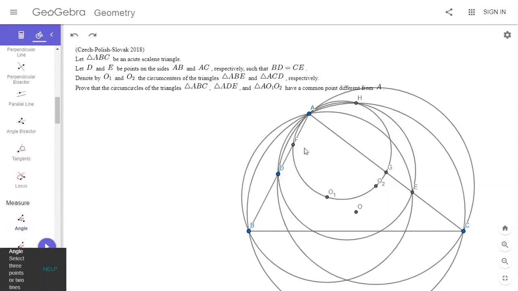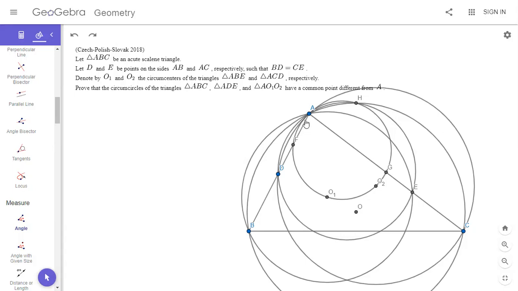No, I angle AOO1. Okay. It should be equal to HOO2 because we are trying to prove AHO1O2 is a trapezoid.